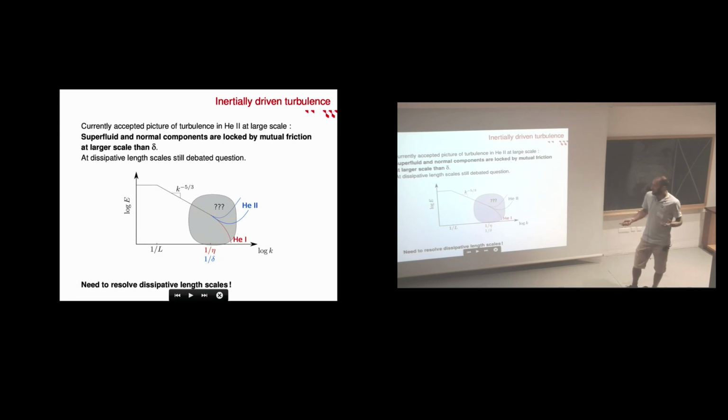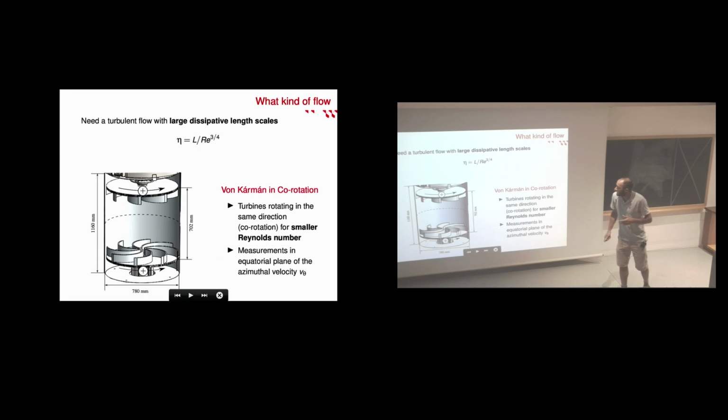So now what we need to do is to resolve those dissipative length scales, which are very small in general. So here is the way we have tried to do that. To have, with a fixed resolution of the sensors, what we need is to have the largest dissipative length scale possible.